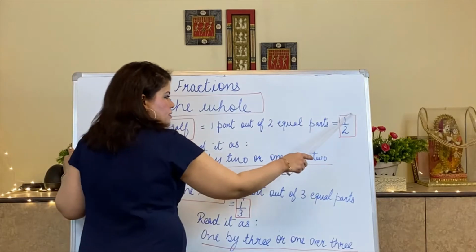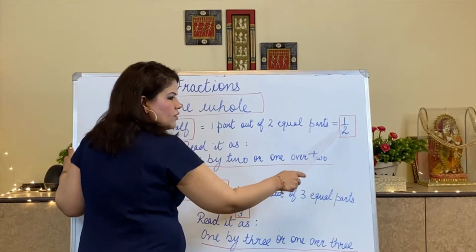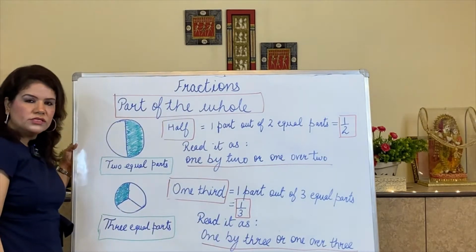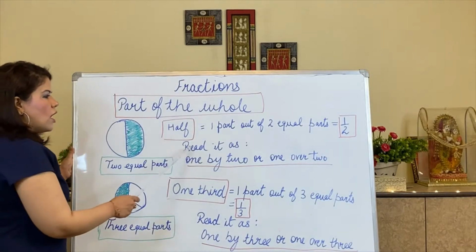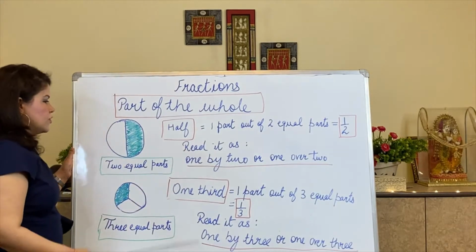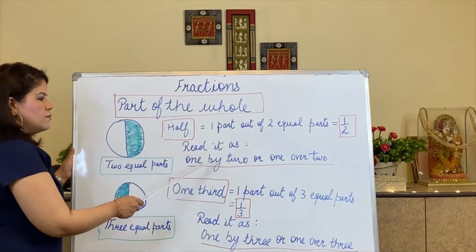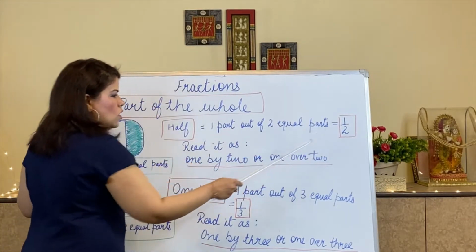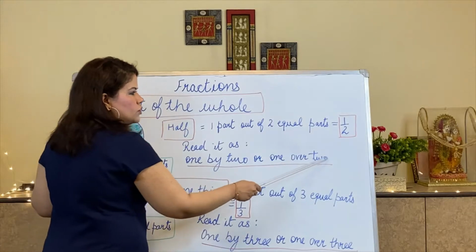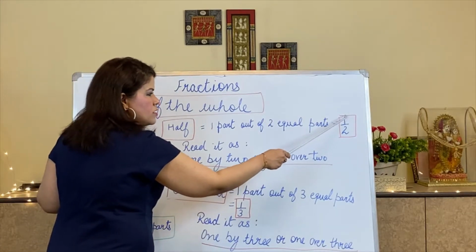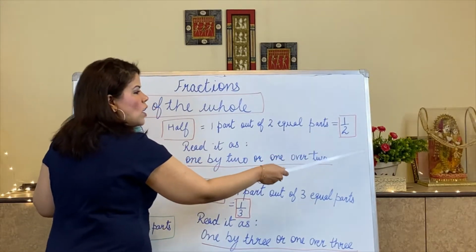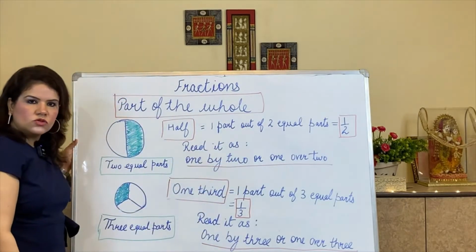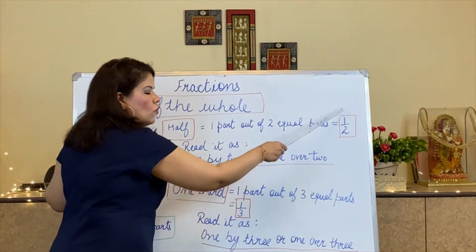So that's why we will write the shaded part divided by the total number of parts. And how are we going to read it? We are going to read it as 1 by 2, or 1 over 2, because 1 is above 2. That's why we are writing 1 over 2.